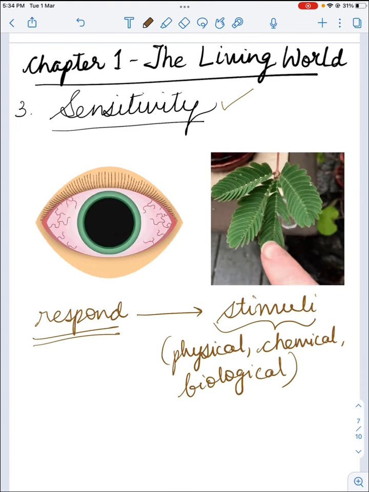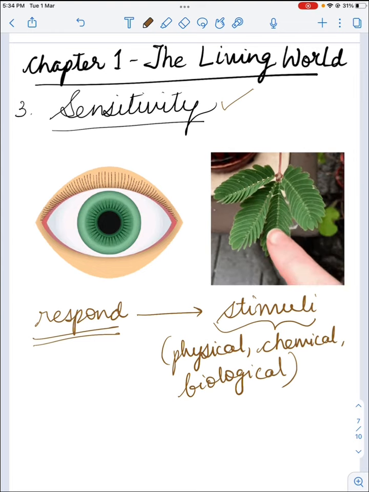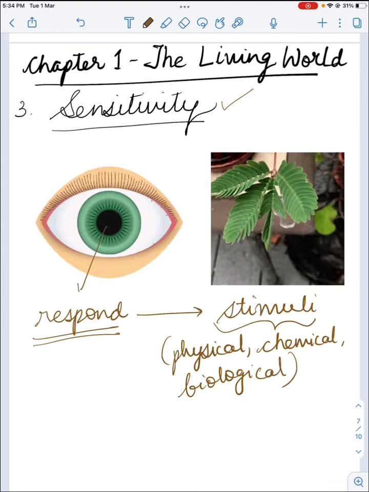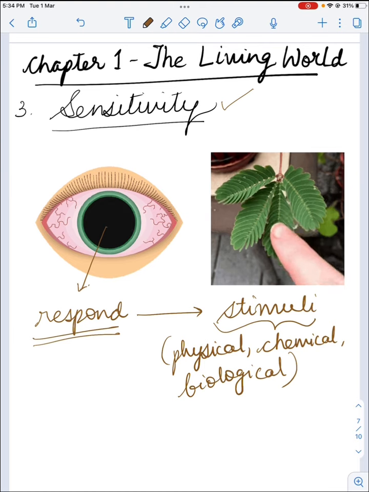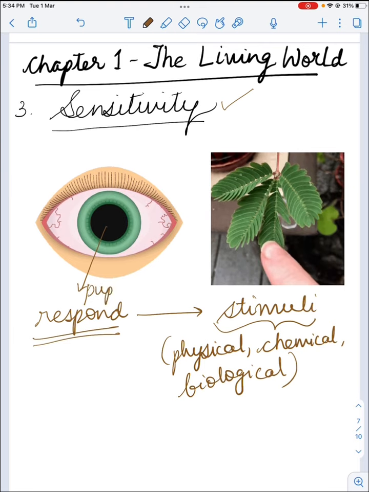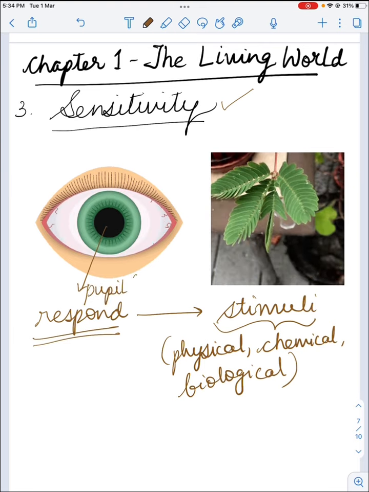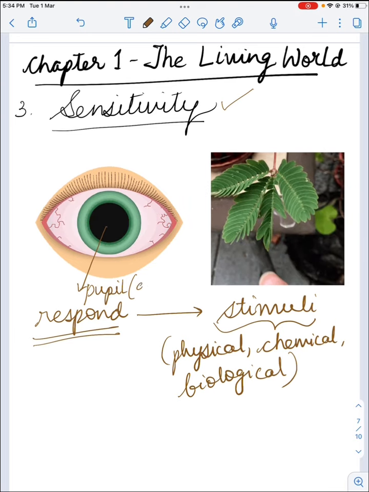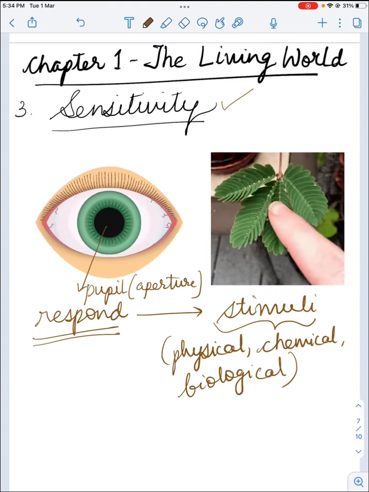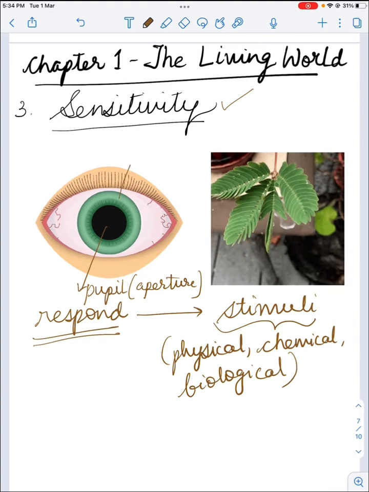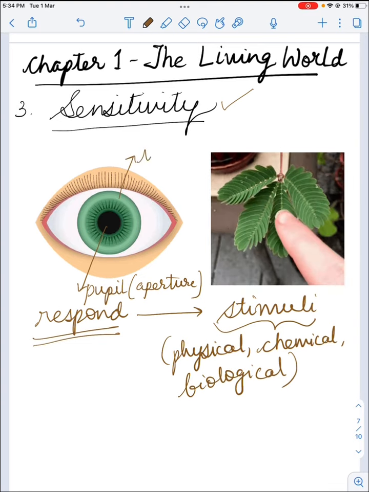This is the example of a human eye, and this black region is called the pupil. In common terms, you can say that it is an aperture or a hole in the eye, and this green region is the iris.